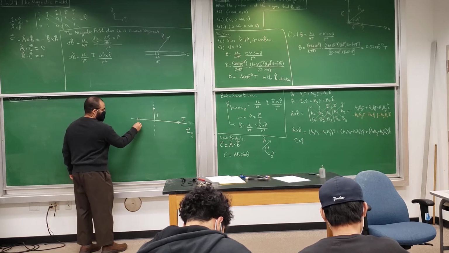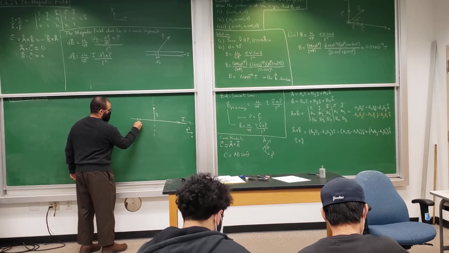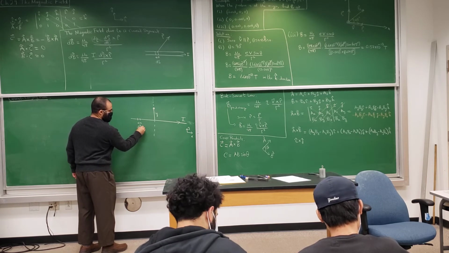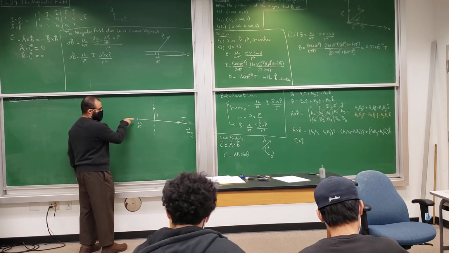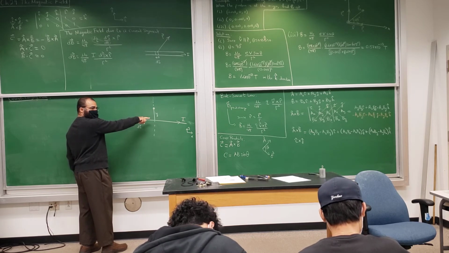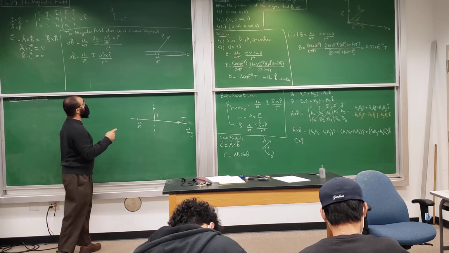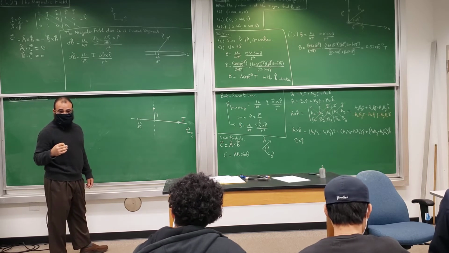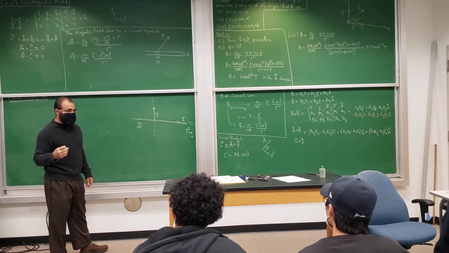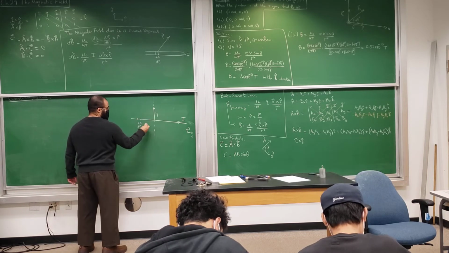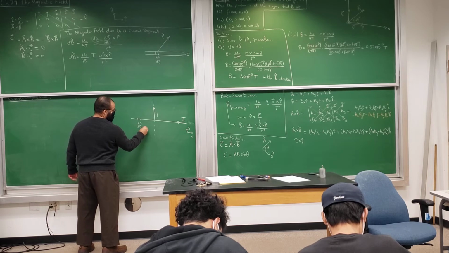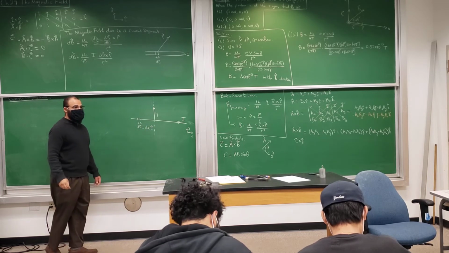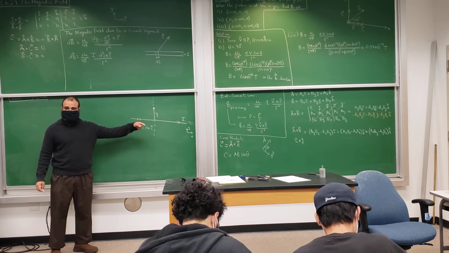So here's ds, in the direction of the current. Remember how we got ds? ds dt was v, so ds points in the direction of the velocity. Since the current is moving this way, ds would just be dx times I hat. It's dx, in the I hat direction.